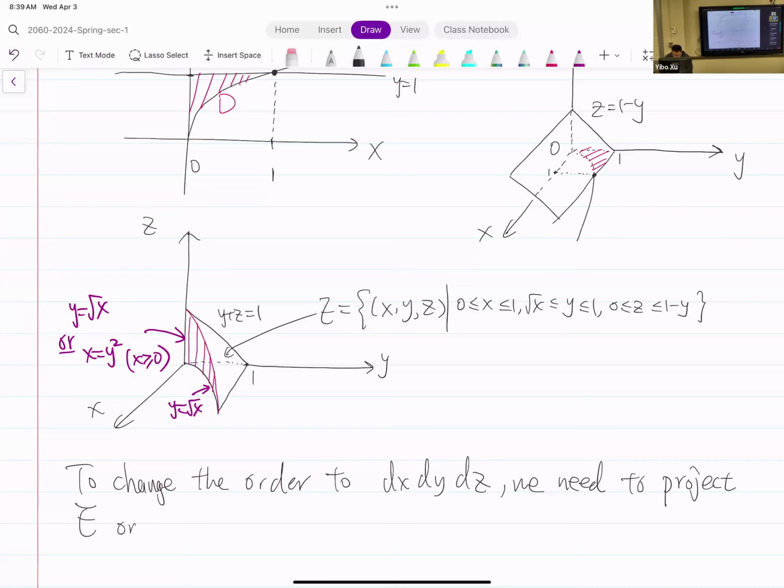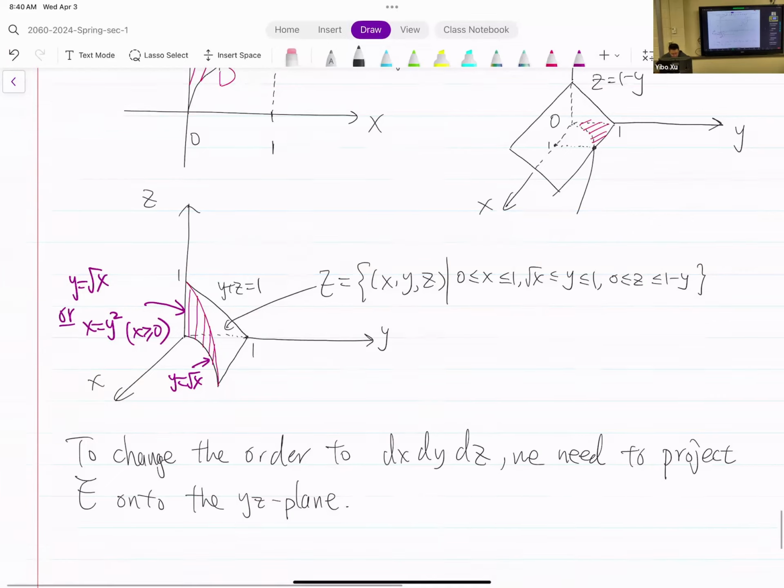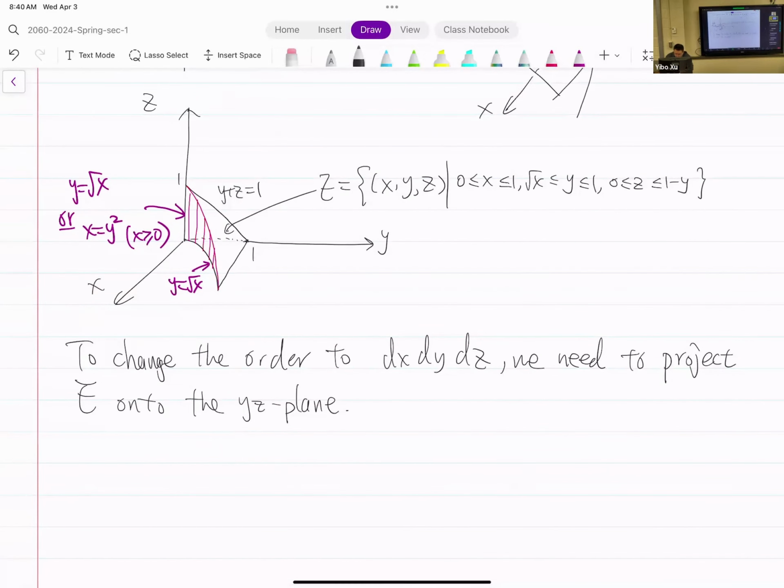But well, in this figure, I would say a projection onto the yz plane is not really complicated because that's actually the triangle right there, right? So the triangle at the back. So to just get that, so basically we have the yz plane at the back.